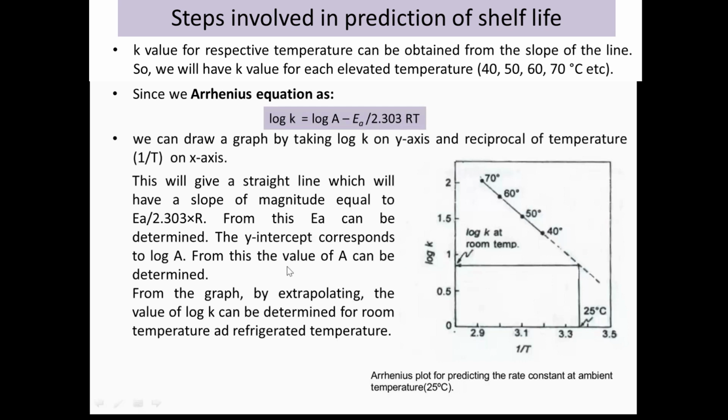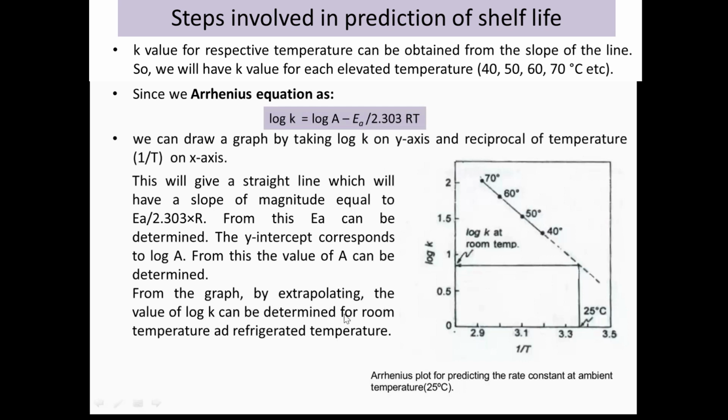The y intercept corresponds to log A, from this the value of A can also be determined, because यो log A भनेकै c intercept भनेकै log A हो हैन, जसबाट हामीले A भनेको experimentally determined value मैले भन्थे हैन.